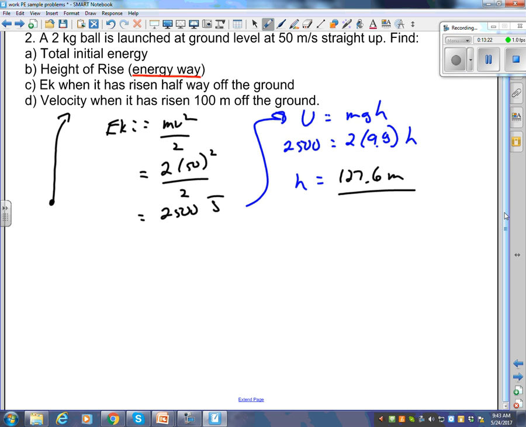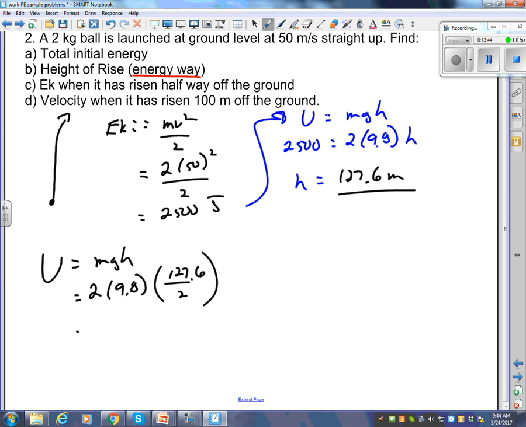Well, we know for sure that we can find the potential when it's halfway up, right? Mass 2, 9.8. Halfway up is going to be 127.6 divided by 2, right? Halfway up.